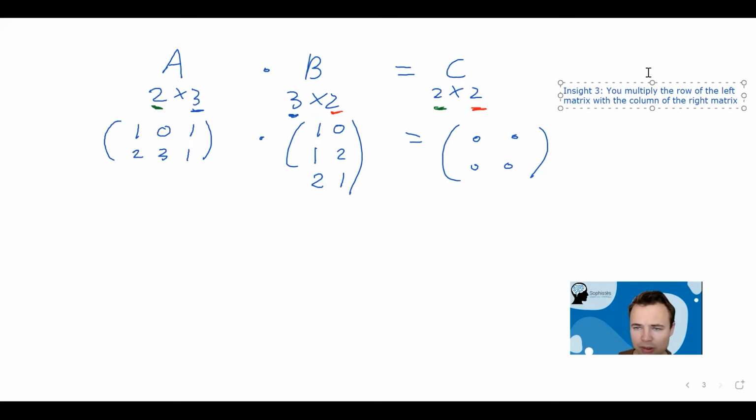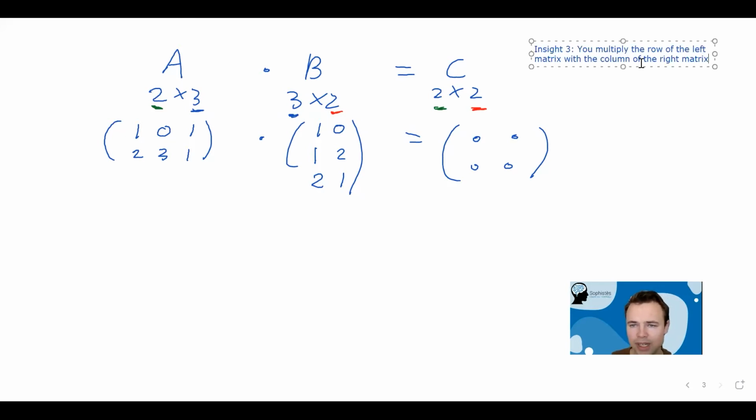That is how you are going to multiply the row of the left matrix with the column of the right matrix. You start left and you start up. And I will show you what I mean with that.